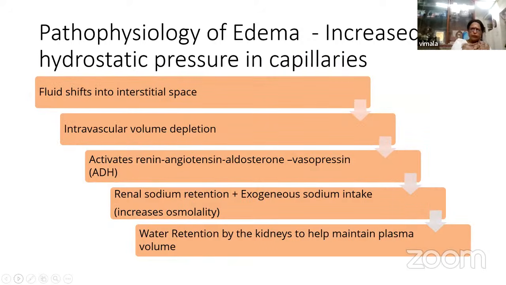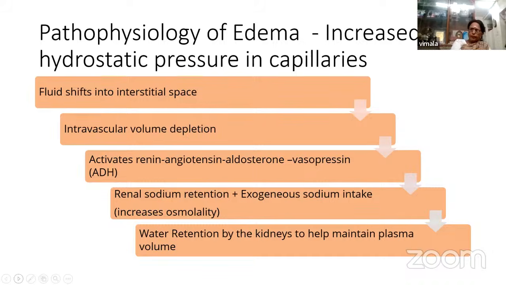Now, what happens when the hydrostatic pressure is increased in capillaries? When there is a shift of fluid from the capillary to the interstitial space, we know naturally the fluid inside the blood vessel is decreased. That is called intravascular volume depletion, which we usually say is hypovolemia.